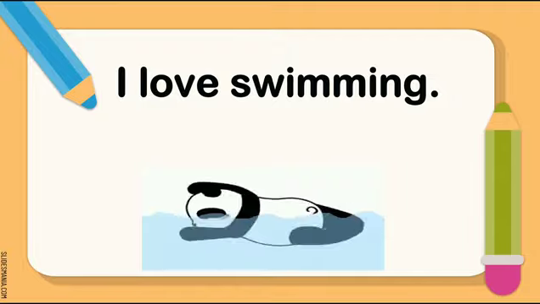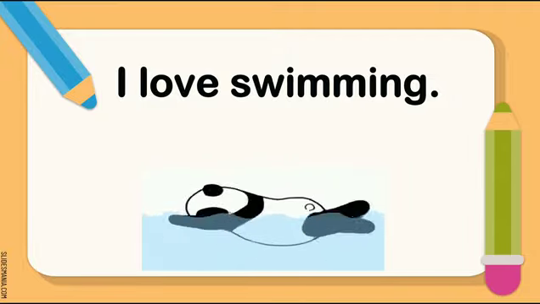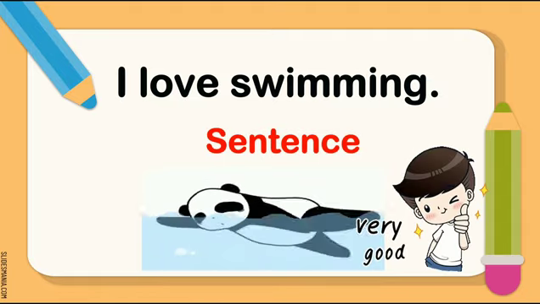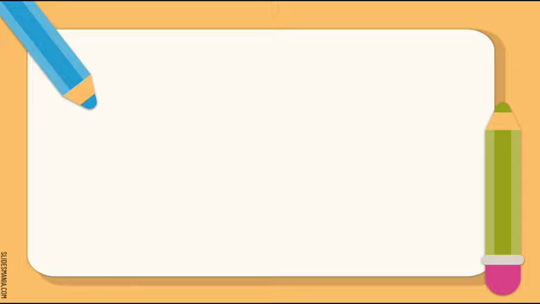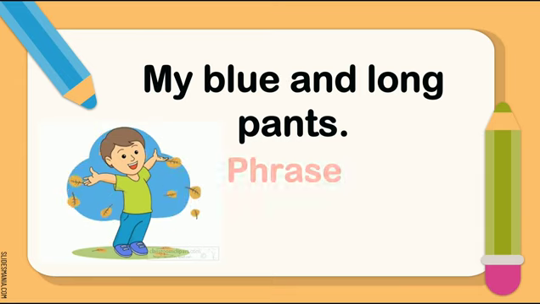Would you say this is a sentence or a phrase? If your answer is sentence, then very good also. One more. My blue and long pants. Do you think this is a sentence or a phrase? Yes, it is a phrase.